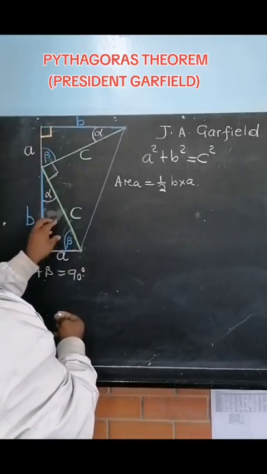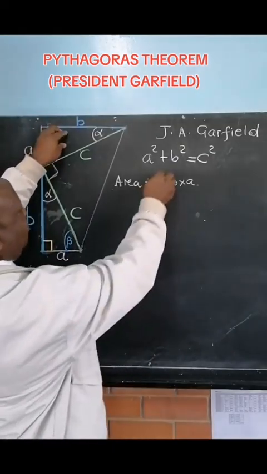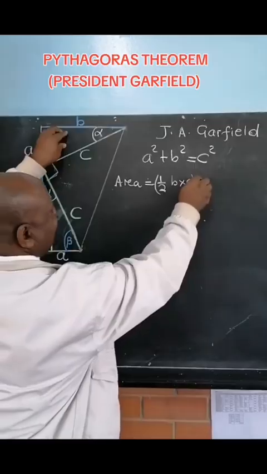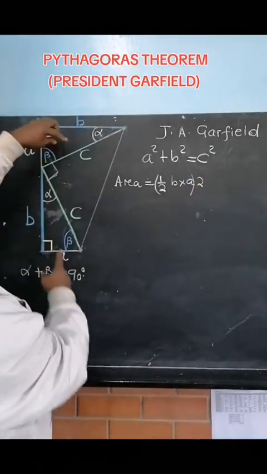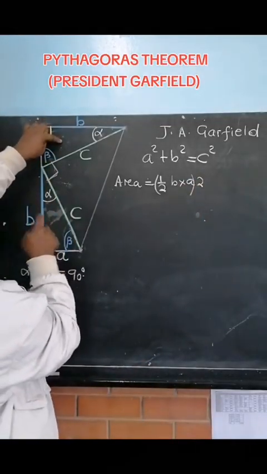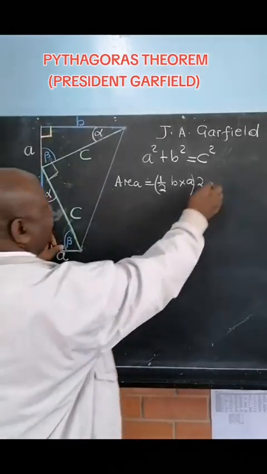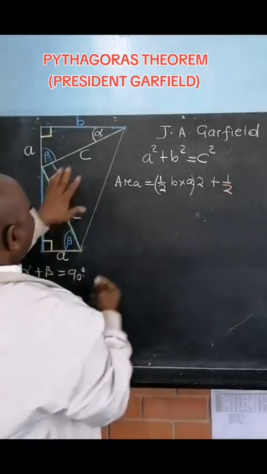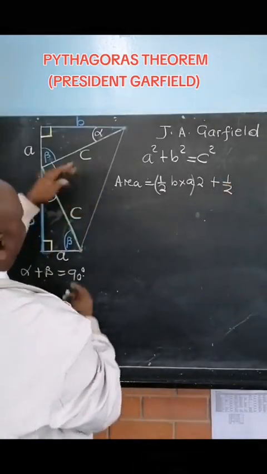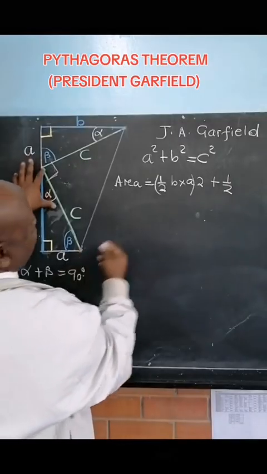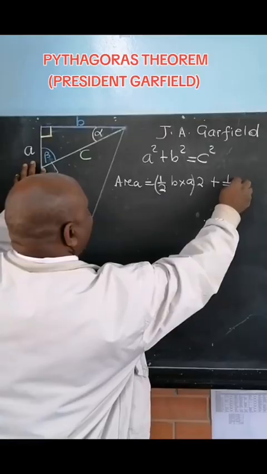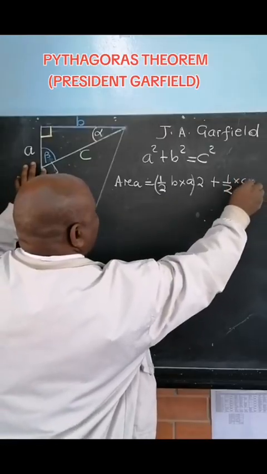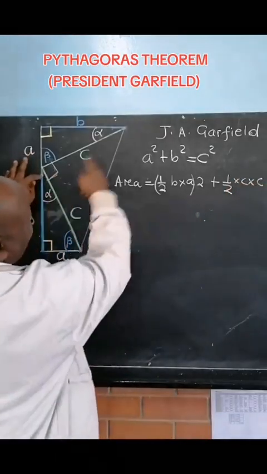But I have got this triangle which is identical to that, congruent to that. So if I multiply this by 2, I now have the area of this one added to that one. Now I am going to add this to the area of this other triangle. If I call this my base, so my area will be half of c times c, half base times height.